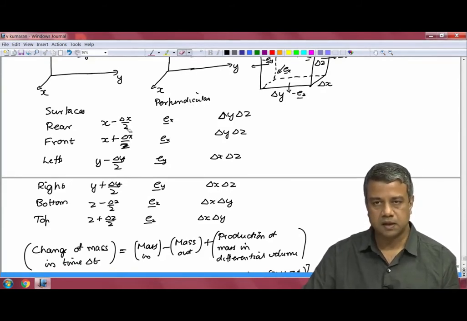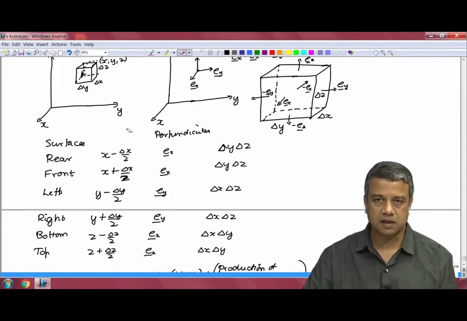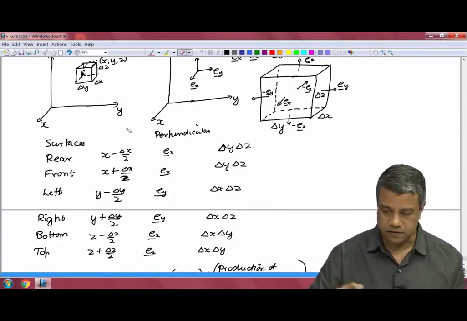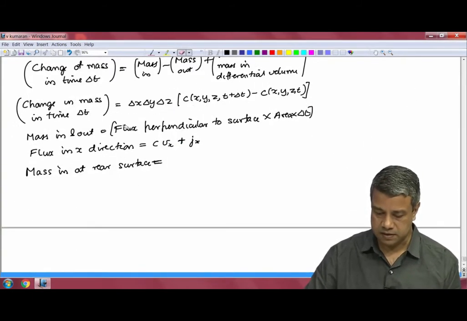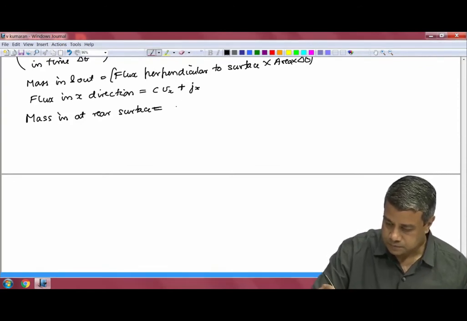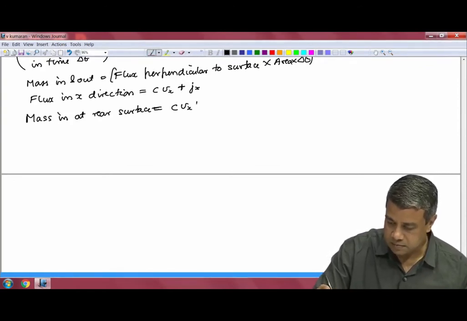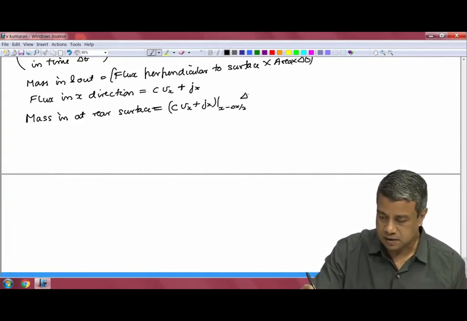If the flux is in the plus x direction, mass is entering the rear surface. So, mass in at the rear surface is going to be equal to C Vx plus Jx at the location x minus delta x by 2, into the surface area delta y delta z into delta t.